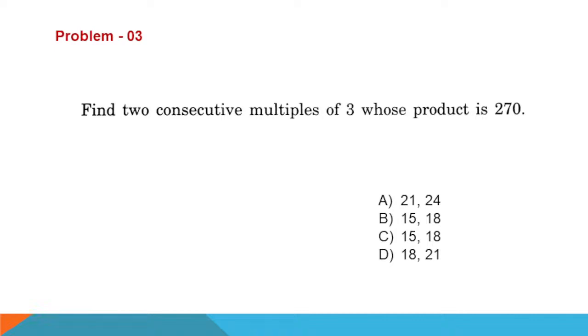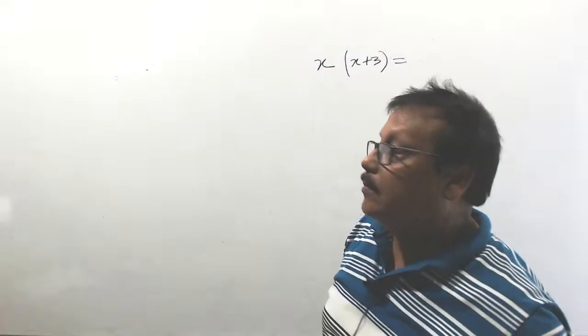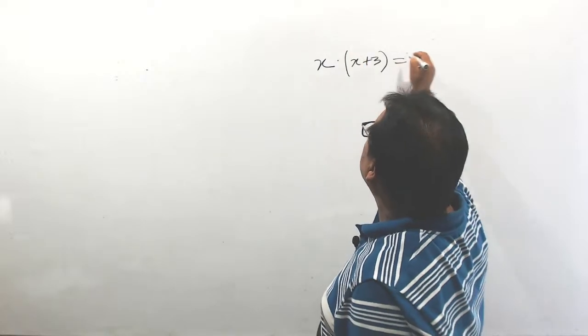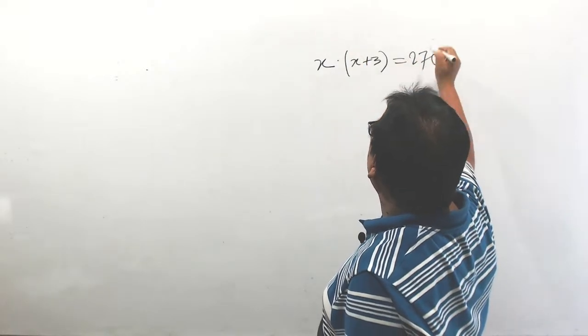That is, if one is x, another will be x plus 3. Isn't it? Consecutive multiples of 3 whose product is 270. Whose product is 270.